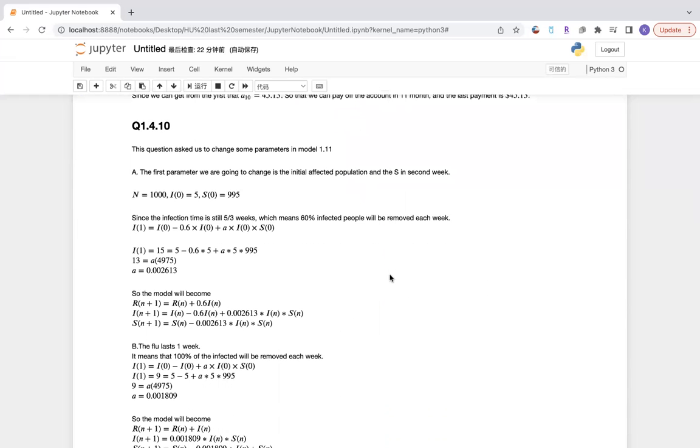The last question is about the SIR model. It asks to change some parameters from the given model in the book. The first parameter we're going to change is the initial infected population, and the number of people infected in the second week.